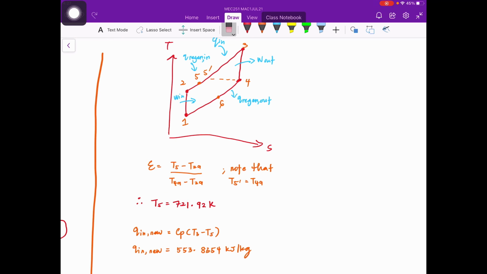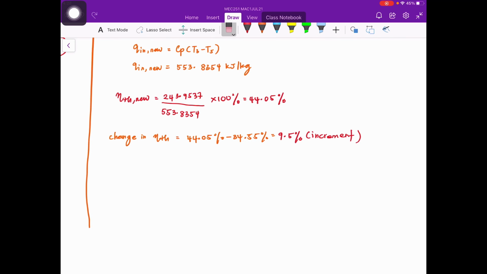Since we are going to determine the new thermal efficiency for the Brayton cycle with regeneration, thus we need to obtain the value for the new heat transfer in, which can be given by this expression with respect to the steady flow energy equation, SFEE, and the method to determine the properties for the ideal gases. Once we obtain the value for the new heat transfer in, we can now determine the new thermal efficiency.